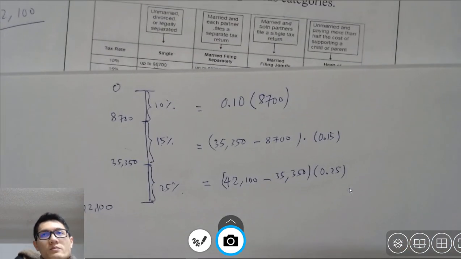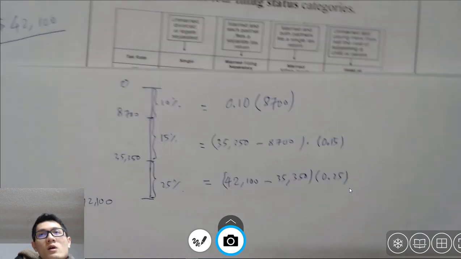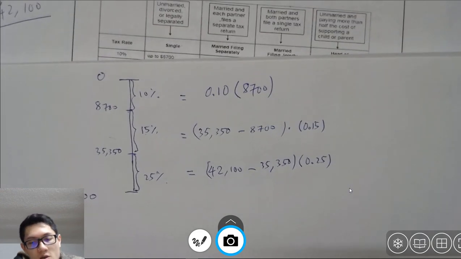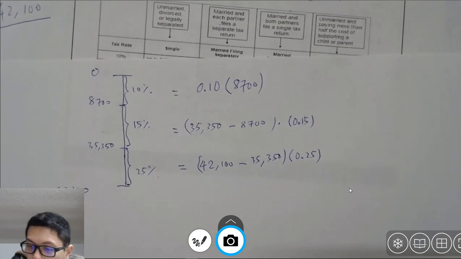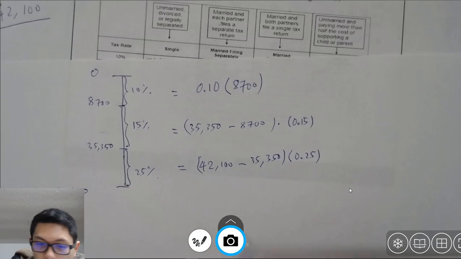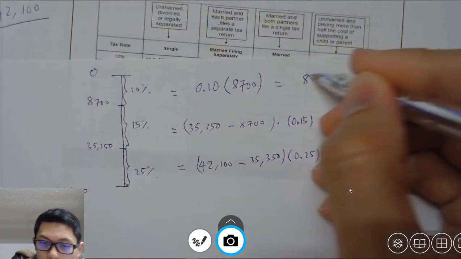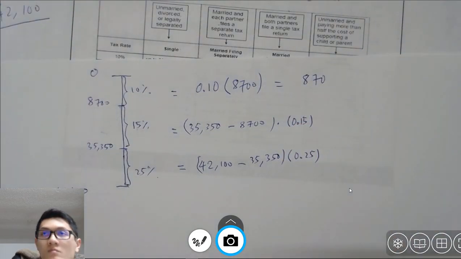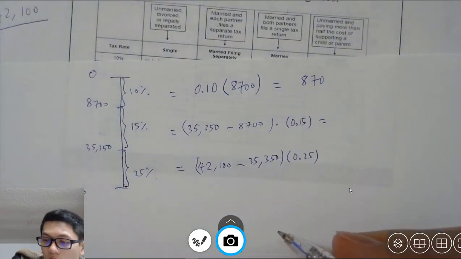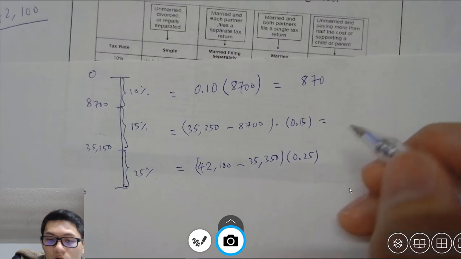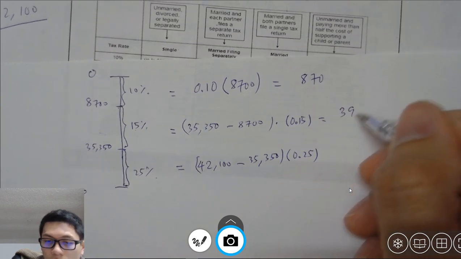All right, so now let's see all the calculation here. If you do the subtraction and multiply by 0.15 correctly, you should get 3,997.50.